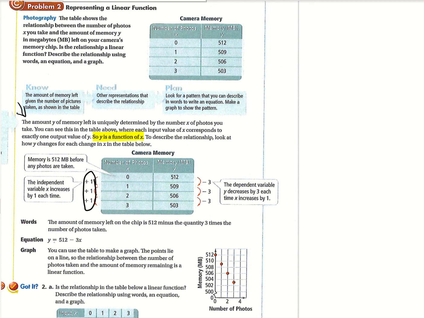So we get plus 1 every time we take a photo because you're taking one photo each time. Okay, and then your memory, every time you take a photo, goes down 3. Okay, that decrease of your memory, or the Y, is dependent on the increase of your X or your number of photos here. Okay.